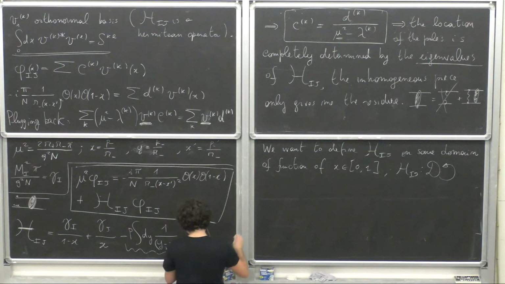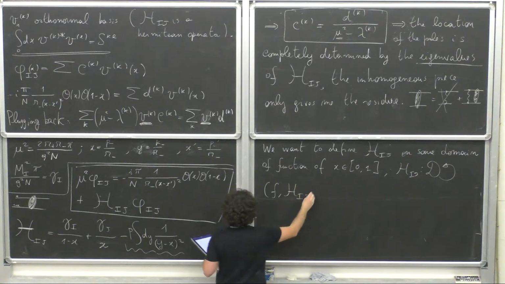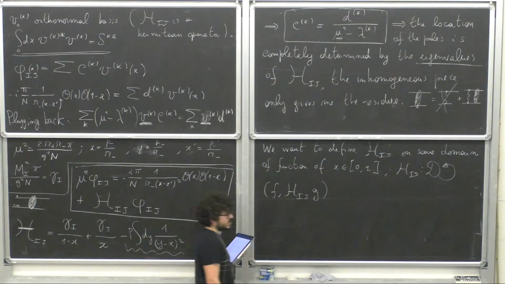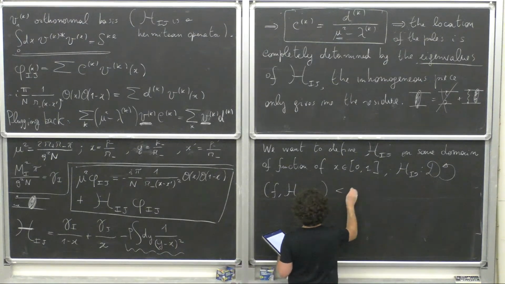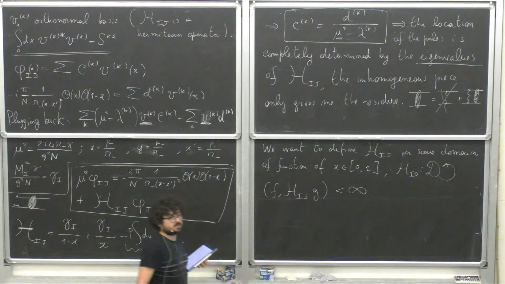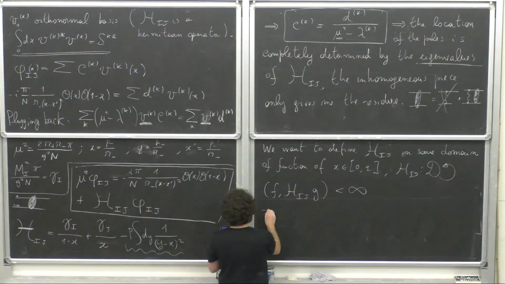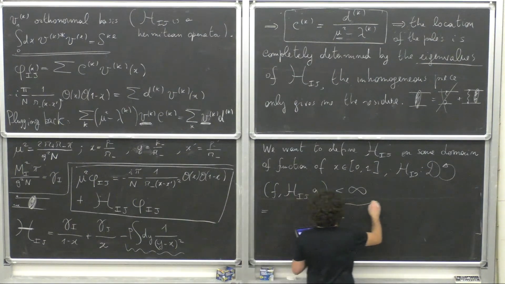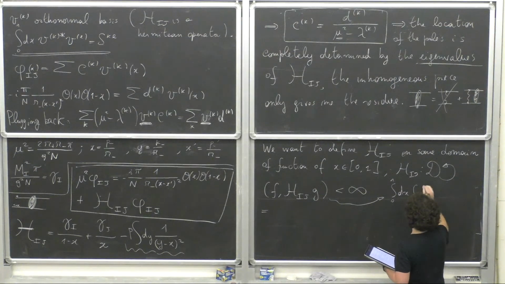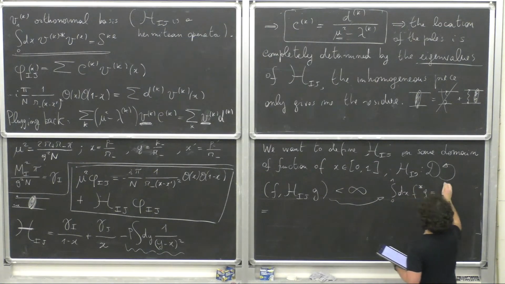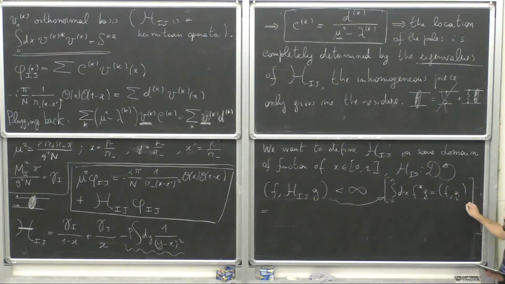Sending this domain into itself means that we need to ensure that if we take the product between two functions, this thing had better be finite. Let's write down what this looks like. Here I'm taking the scalar product to be just the integral of f star g. That's my definition of the scalar product between two functions.